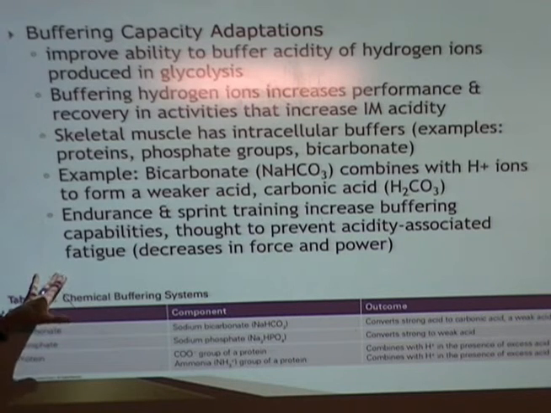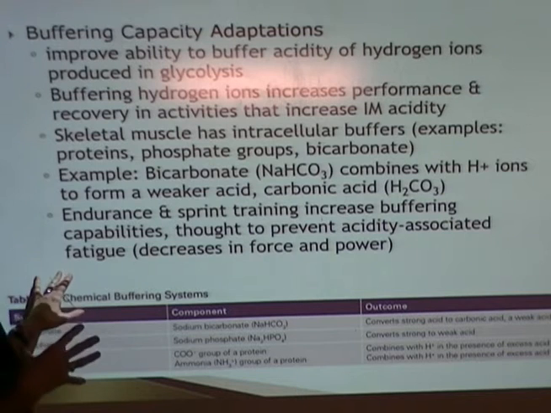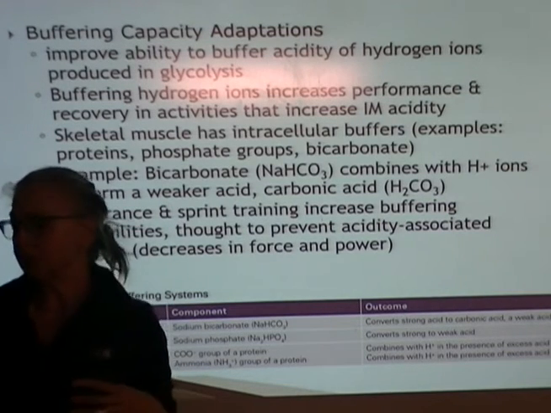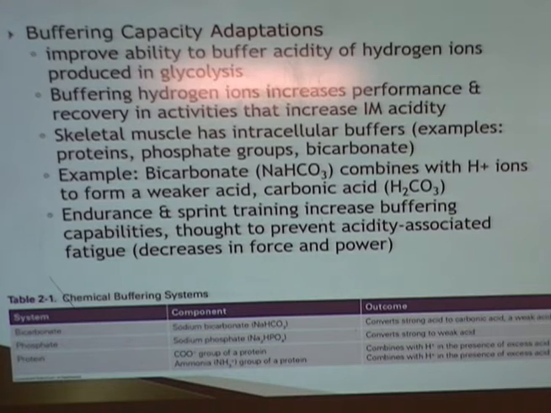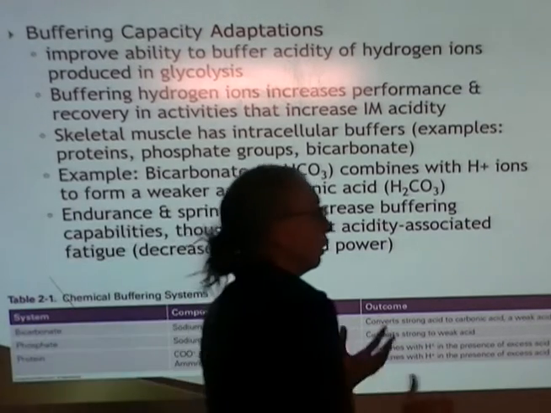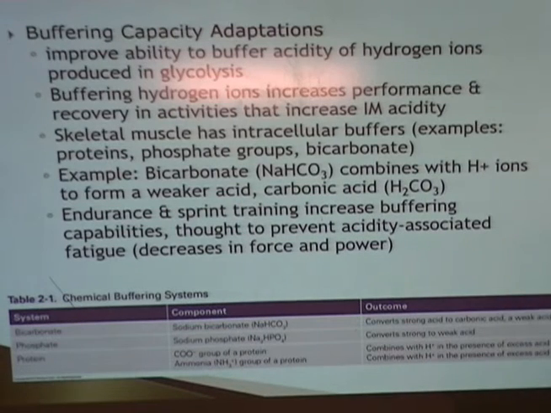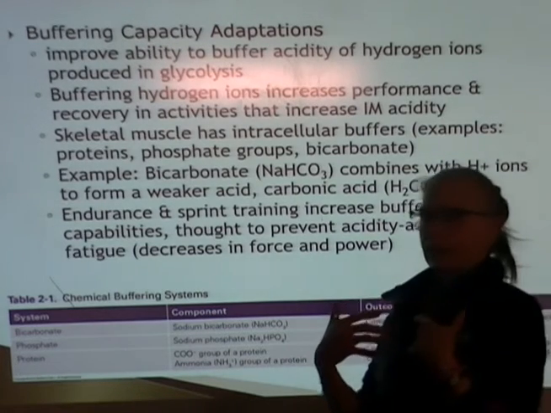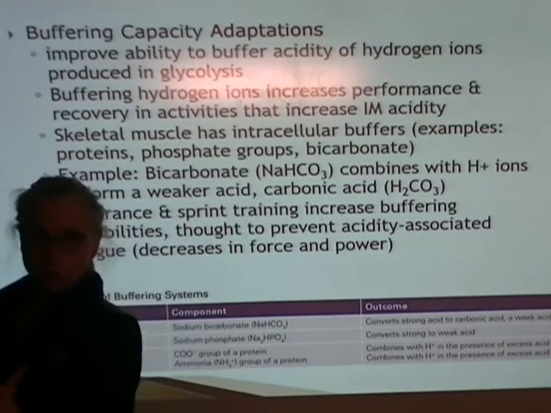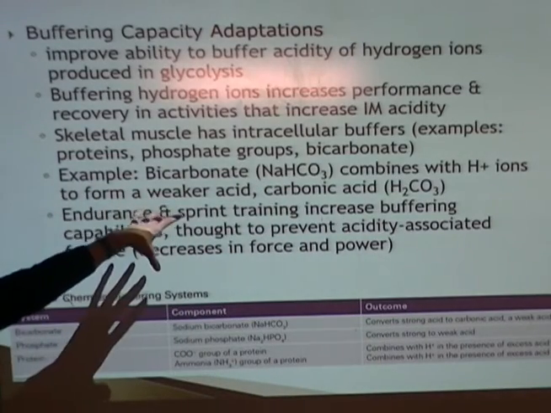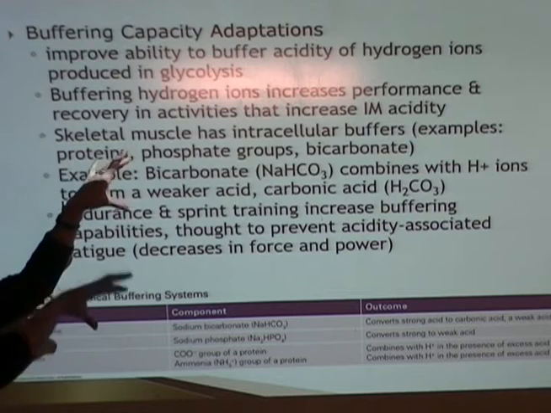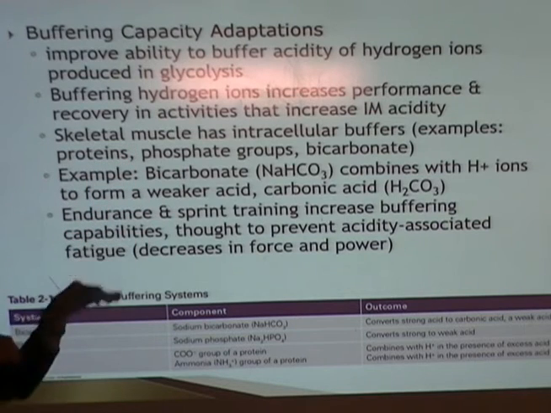So this has led to, and our particular textbook doesn't talk about bicarbonate loading, but other textbooks do. This led to people playing around with the idea of bicarbonate loading, right? If I add bicarbonate as an exogenous source, can I then delay fatigue because that bicarbonate gets to the muscle tissue, right?